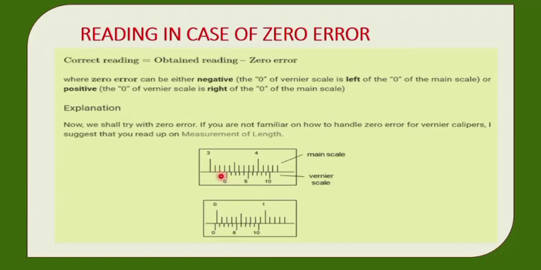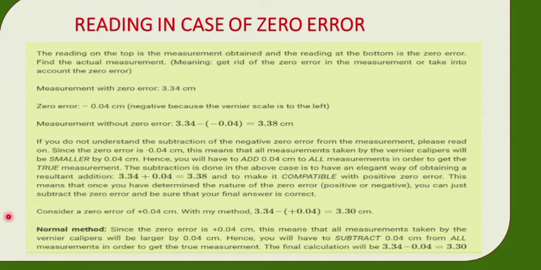After multiplying by the least count, we get a vernier scale reading of 0.04 centimeter. The total reading after addition of the main scale and vernier scale will be 3.34 centimeter. The correct reading is always equal to the obtained reading minus the zero error.